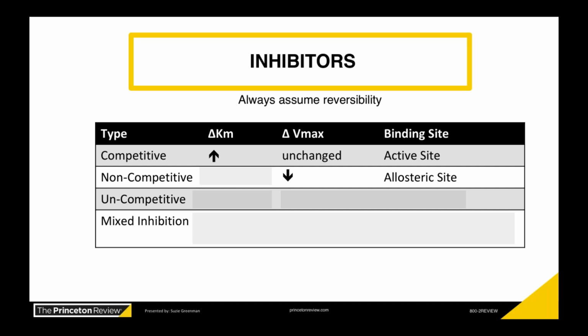So for Km, you want to ask yourself, what's happening to my affinity? What's happening to my affinity for my active enzyme? Only the active enzyme. For my enzymes that are remaining active, my affinity has not changed at all, right? I've taken active sites out of the running.